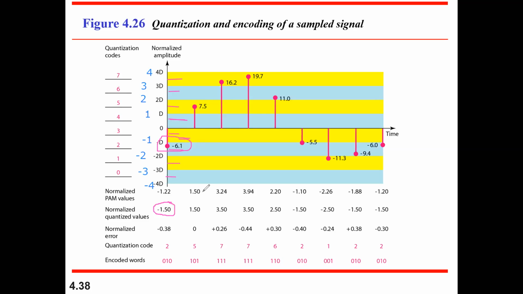This is 1.5, right? So exactly between 1 and 2, 1 plus 2, it is nothing but 1.5. Similarly, 16.2 is lying between 3 to 4, so 3.5. Midpoint value. So this is nothing but the normalized value. If you just want to analyze it, it is nothing but the mid value.